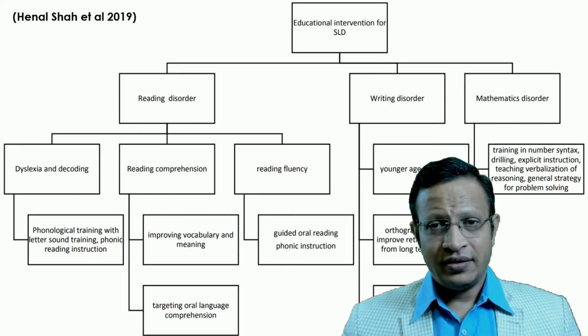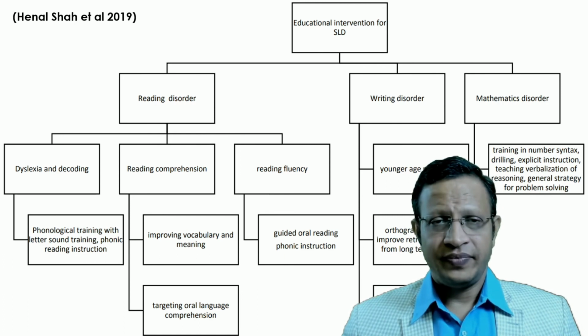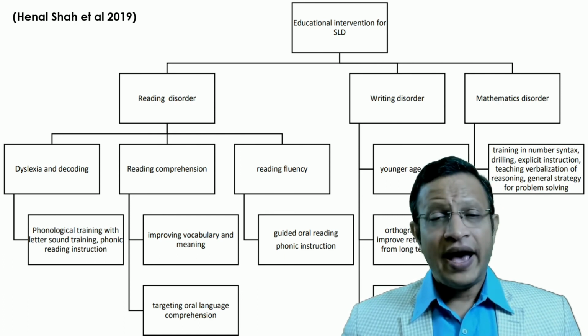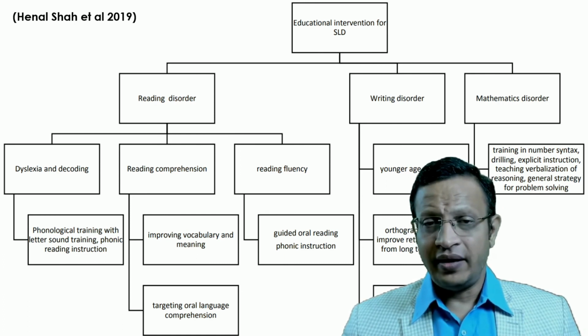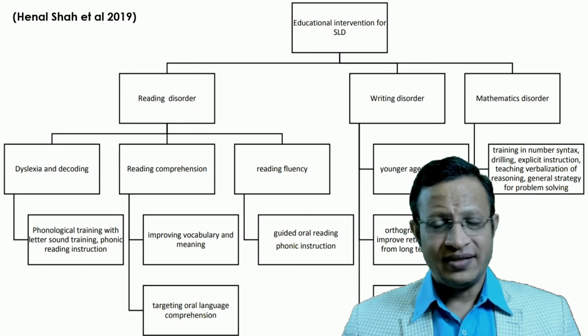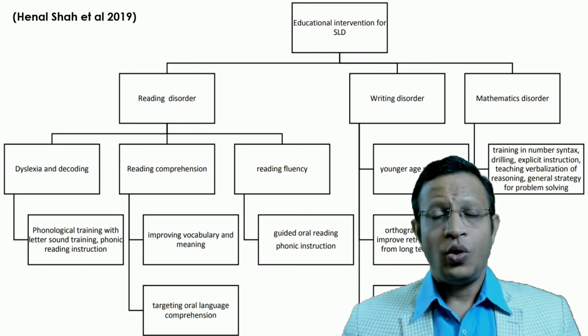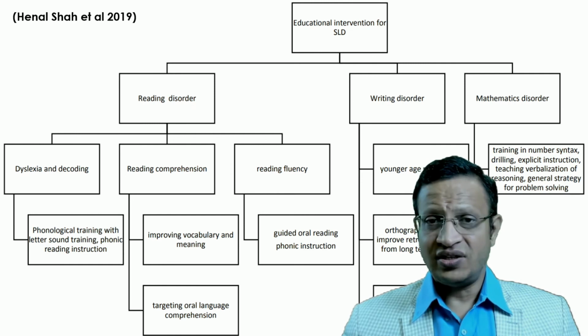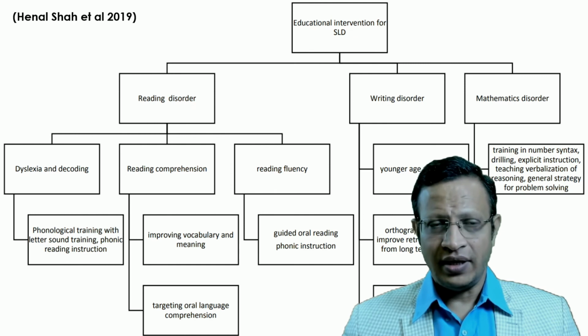If you look at this chart, let's go through that. As I mentioned in part 1 of my video, there are 3 important SLD classifications. One is reading disorder, that is dyslexia, writing disorder, dysgraphia, and mathematics, dyscalculia.